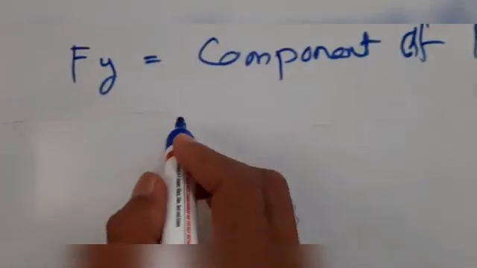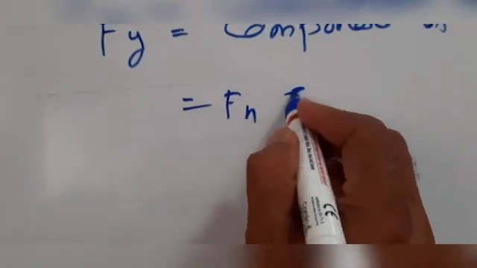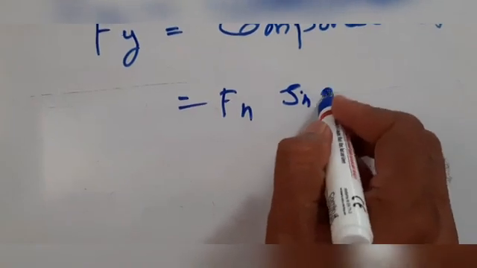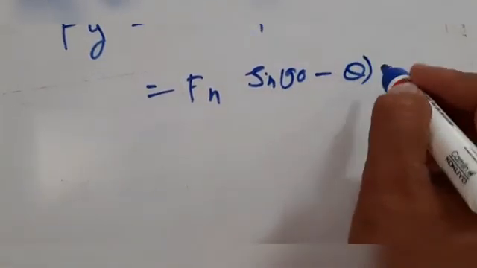So the value comes Fn sine 90 minus theta.